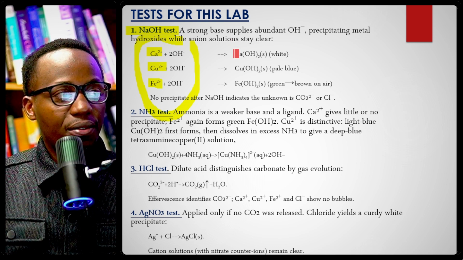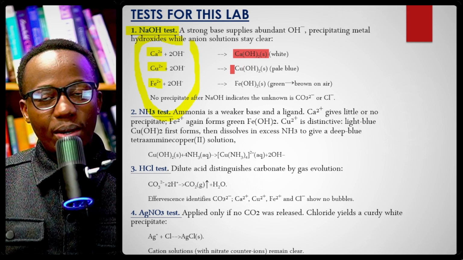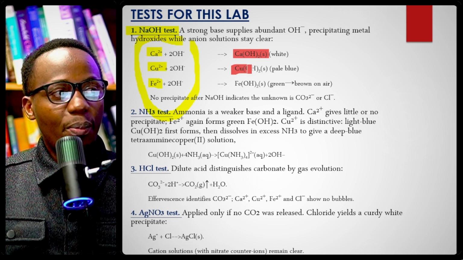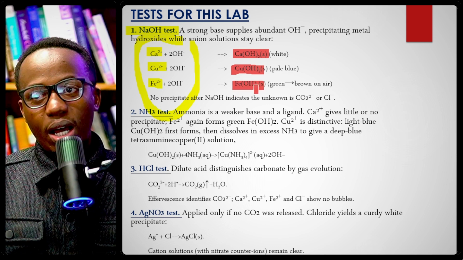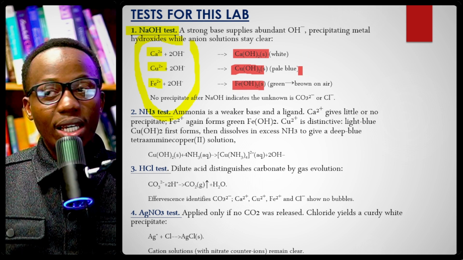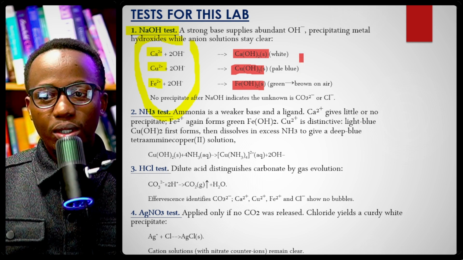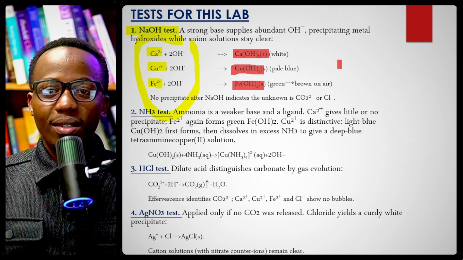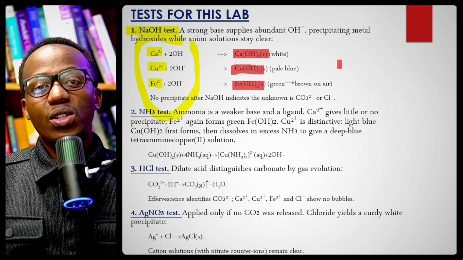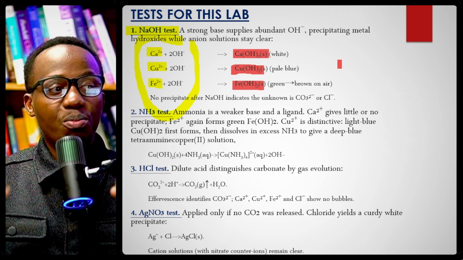Calcium hydroxide is white, copper hydroxide is going to be blue, and then iron should be brown. These are going to be colorful experiments, but they are dangerous. So make sure that you wear your gloves and your goggles, and that you're protected.